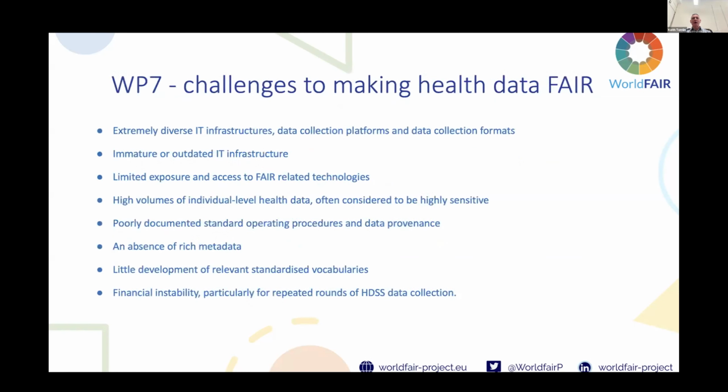They bring with them a number of specific challenges that may not be faced in quite the same way in other settings. So firstly, we're working with extremely diverse IT infrastructures, with data collection platforms and data collection formats. There's very little standardization that was taking place across HDSS in different parts of Southern Africa.